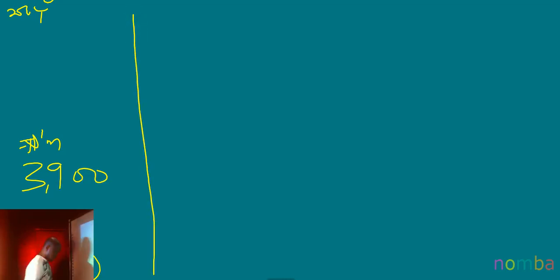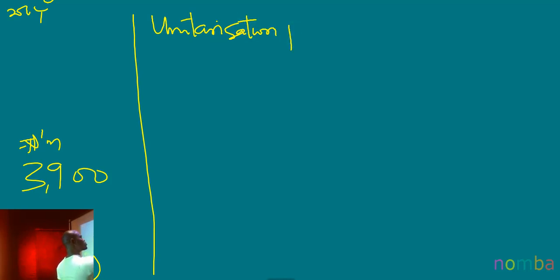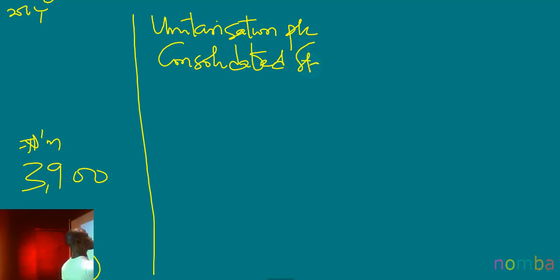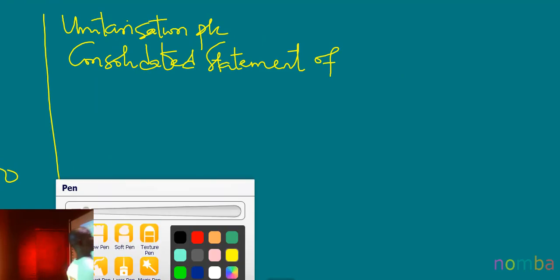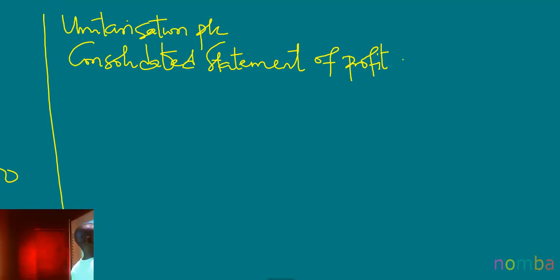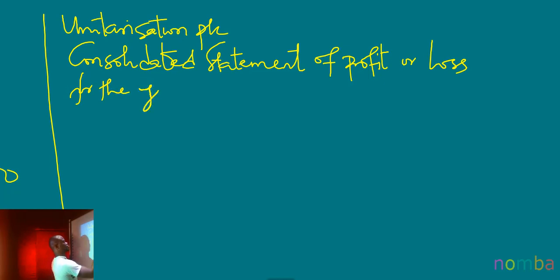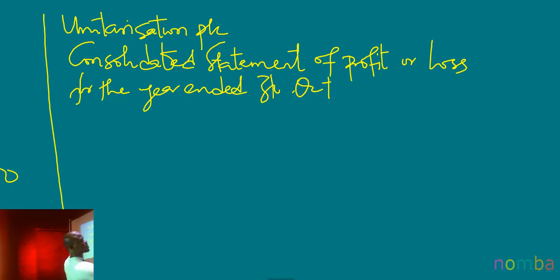So let's prepare the consolidated statement of profit or loss of Unitarization PLC for the year ended October 31st, 2014.